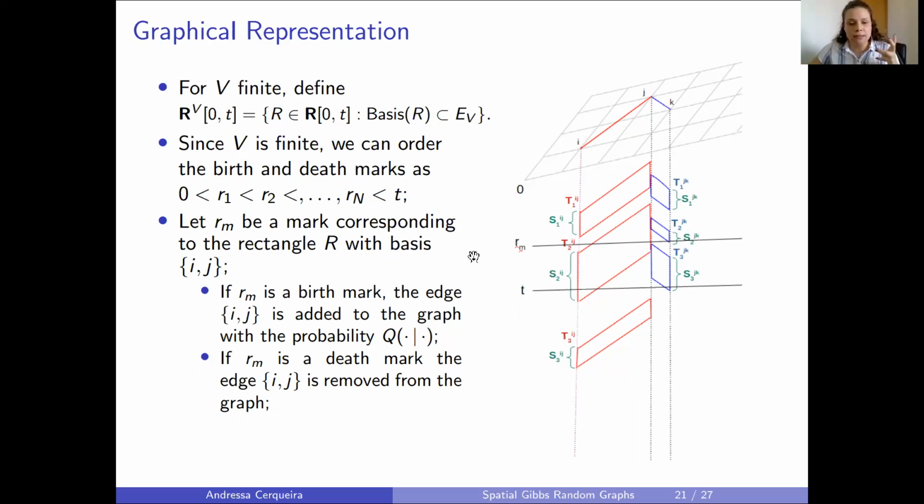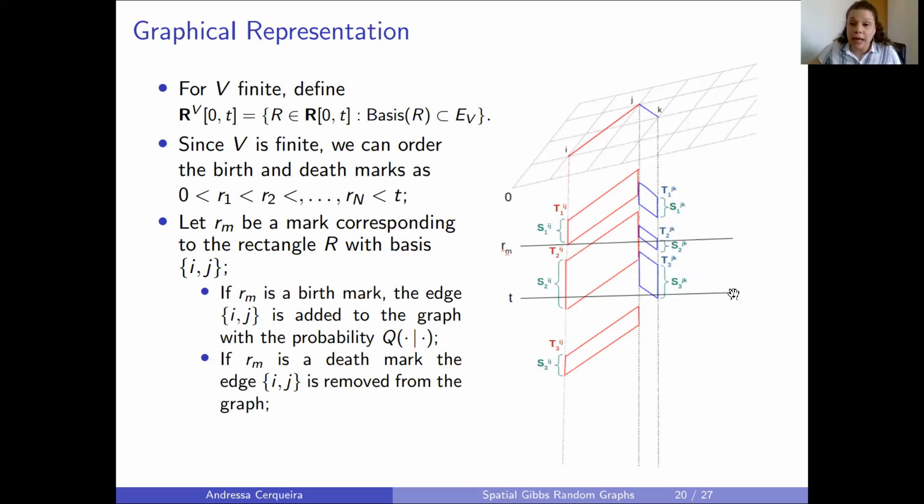But there is something important here in the finite construction. Let me just come back to the picture. When R is a birth time, that means that to decide if I'm going to add this edge in the graph, I just need to look at all rectangles that were born before, such that J belongs to the base of this rectangle, and K belongs to the base of this rectangle.